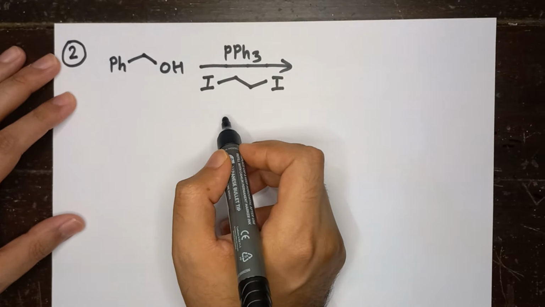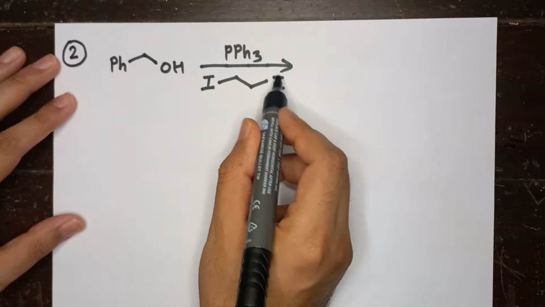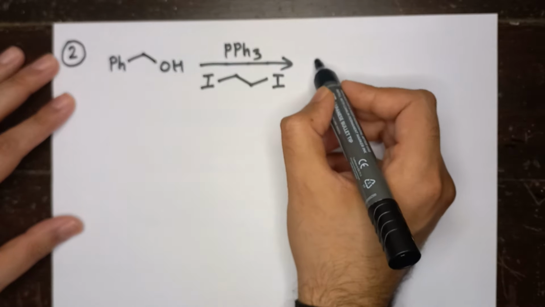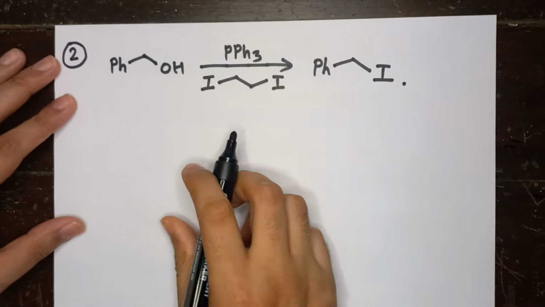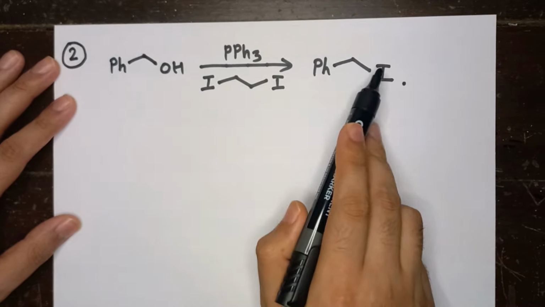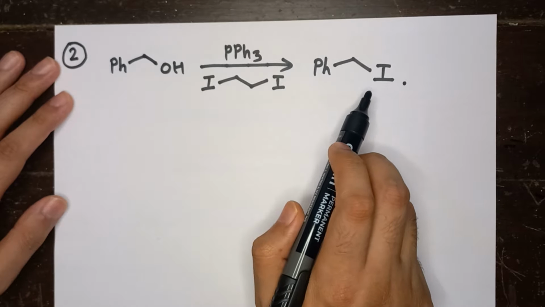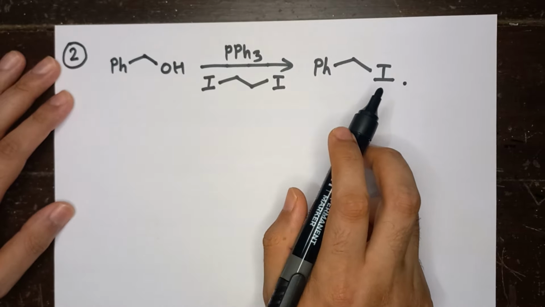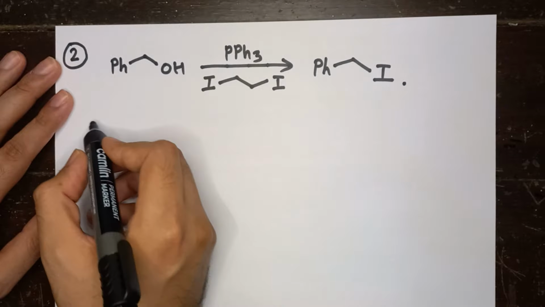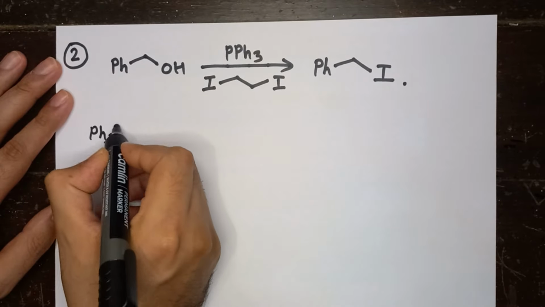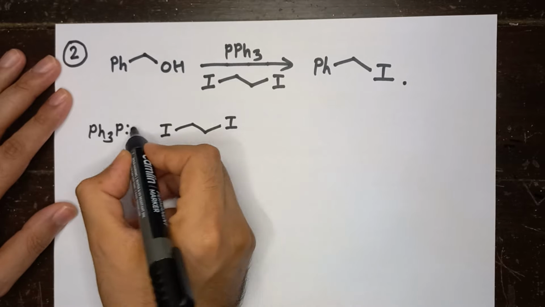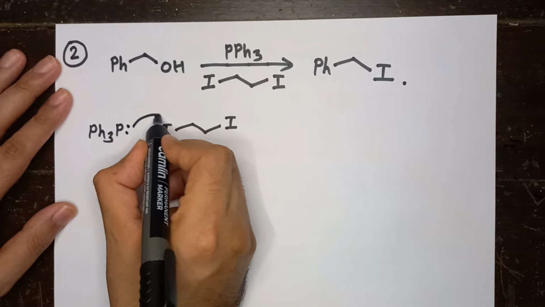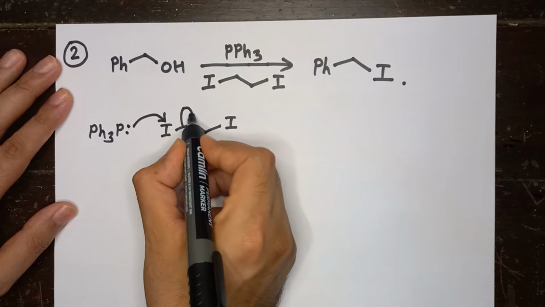So this is my other reagent, a source of iodide ion, and the product will be this one. So simply we converted OH into iodine. So try the mechanism. Let's go ahead and write the mechanism for this one. So the mechanism will be the same, the idea is the same. So this phosphorus with its lone pair will grab this iodine, will generate a carbanion here.